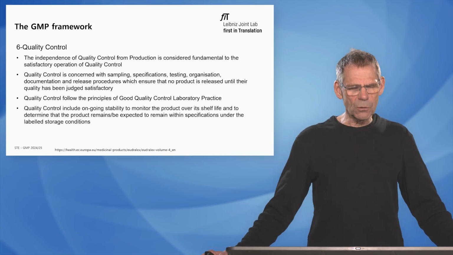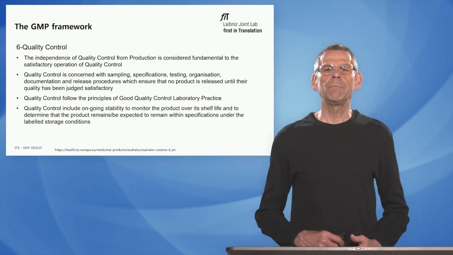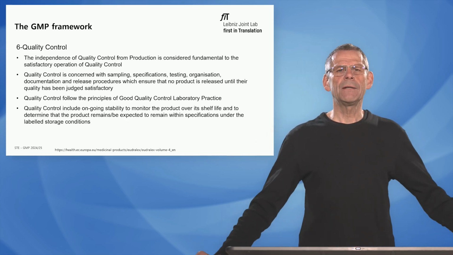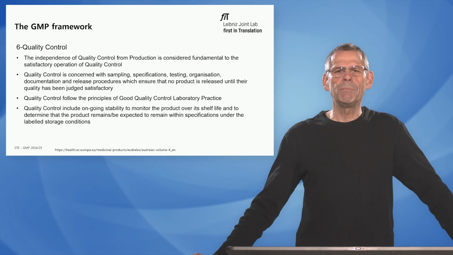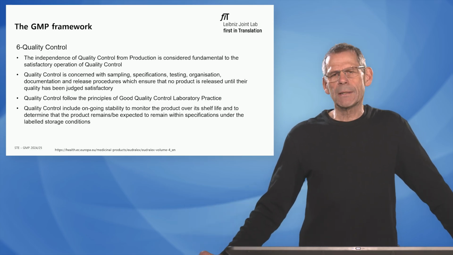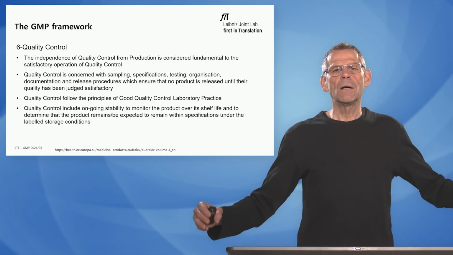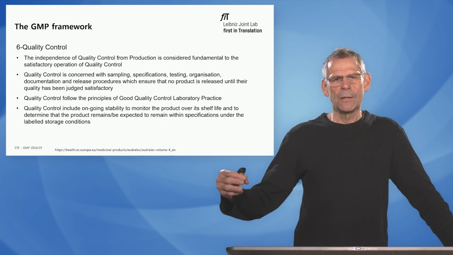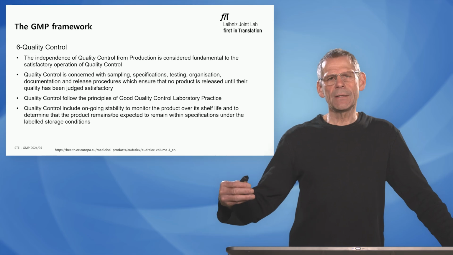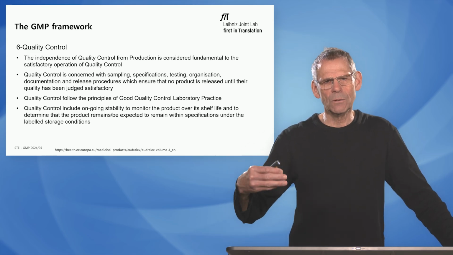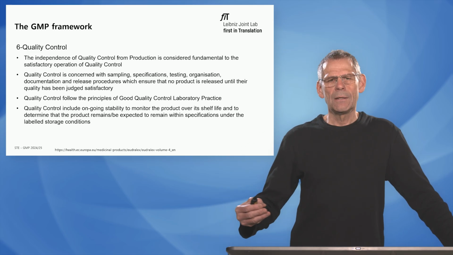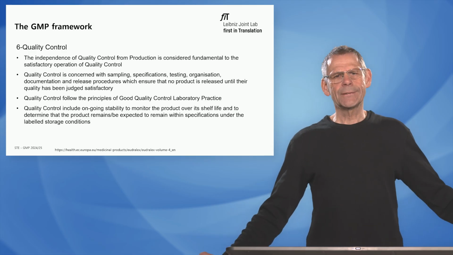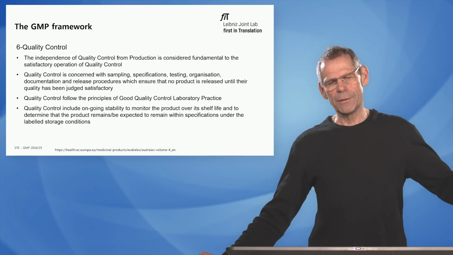And then quality controls also include ongoing stability to monitor the product over the shelf life and to determine that the product remains within this expected quality range and the specification we have set. So we are not using quality testing or quality controls to test quality into the product. It's the other way around. We use quality control just to design quality into the product.